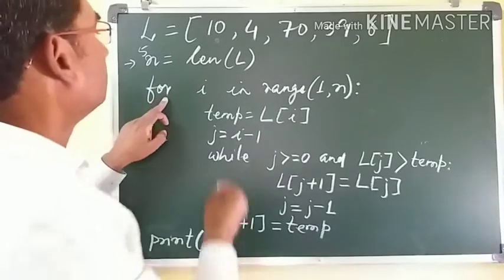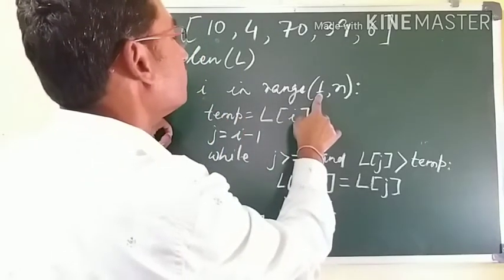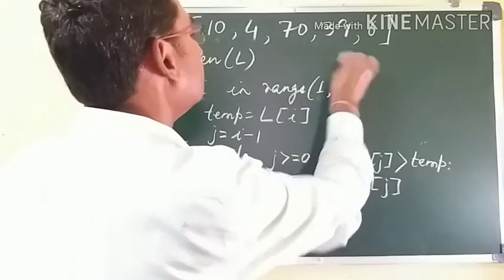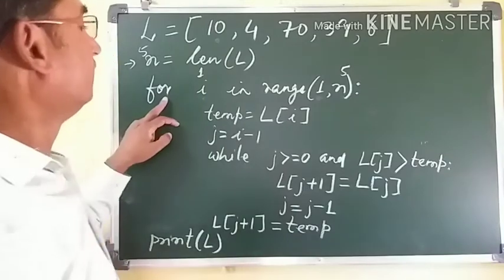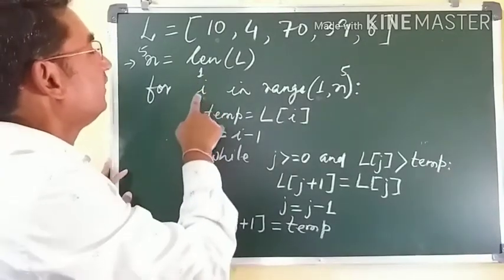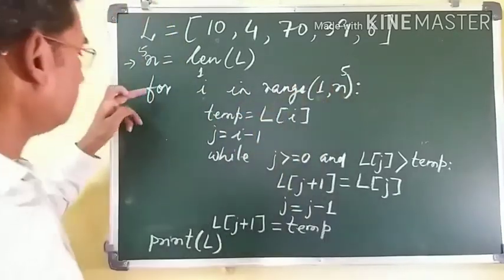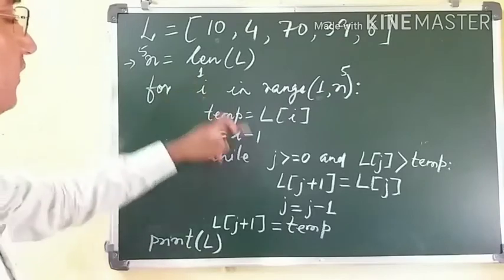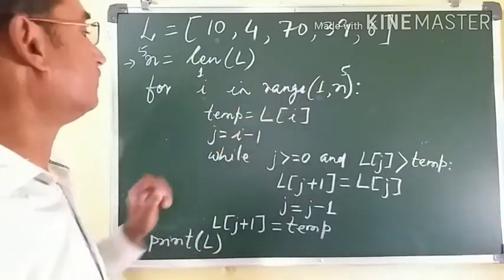Now in this loop, it will start from range 1 to 5, and the value of i the first time will become 1 here. In the next statement, you can see 1 is less than 5. This condition is true. If this condition is true, then the statements written inside this loop will be executed until this condition becomes false.